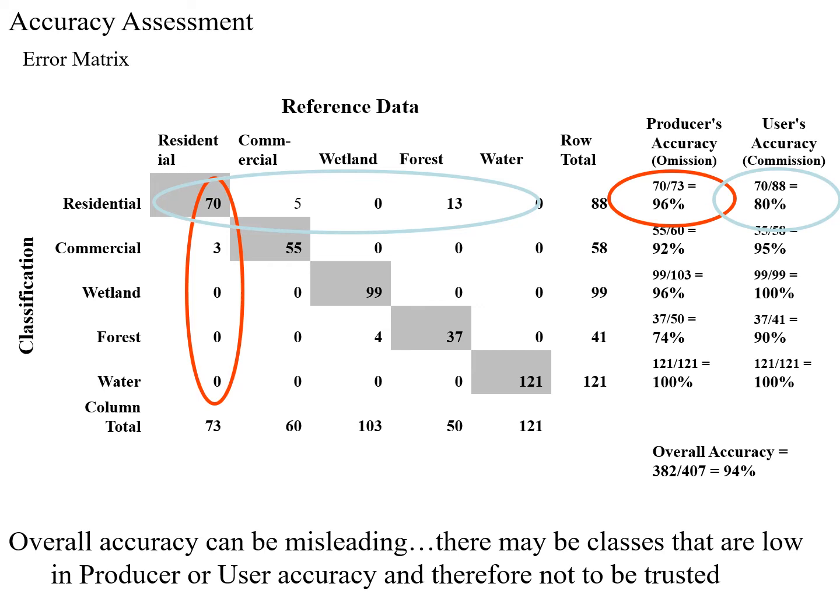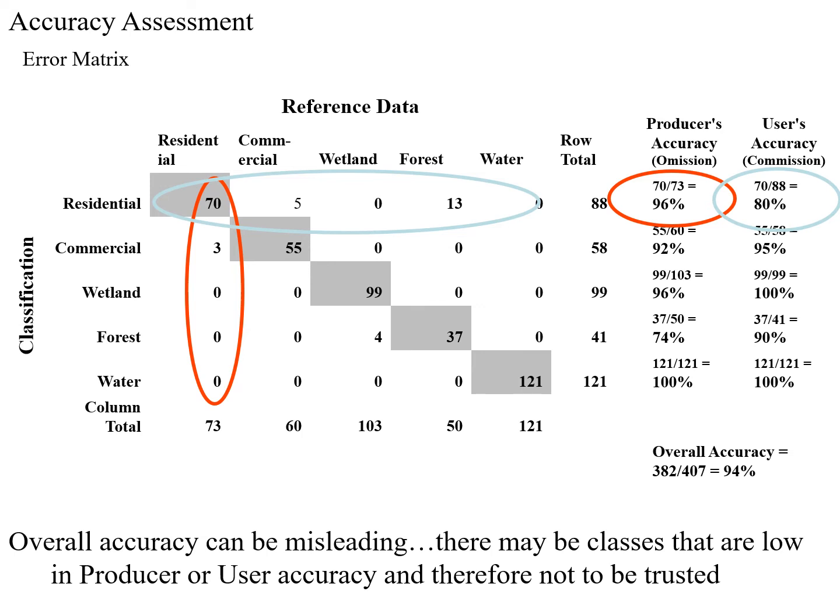Some classes are easy to get. Water is easy to get. In this case, water has 100% user's accuracy and 100% producer's accuracy. Well, great. I don't care because I know water is really easy to get and it's probably not the most important thing. If I just wanted a map of water, I just would have made a map of water.